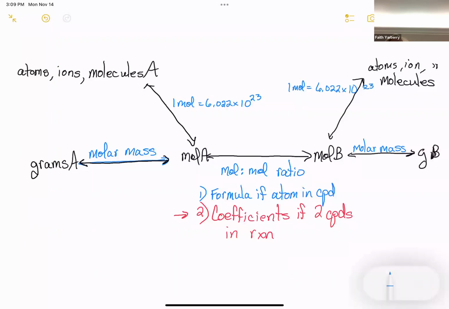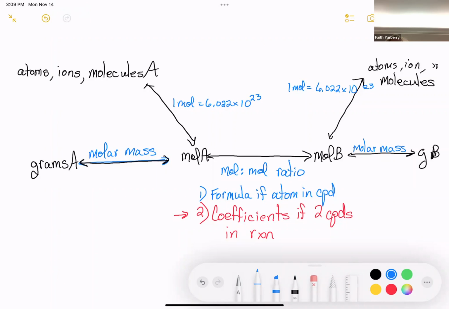So again, the only new piece is if we're dealing with two compounds in a chemical reaction, then the mole to mole ratio is going to come from the coefficients of that chemical reaction. That's the new piece of this puzzle.